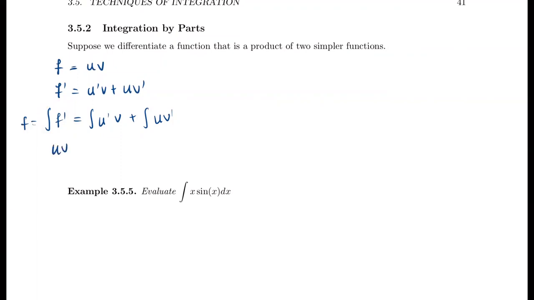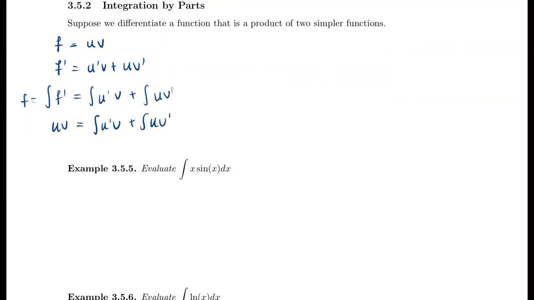So uv is equal to the integral of u prime v plus uv prime. Rearranging the equation a little, we want the integral of uv prime. This is going to be uv minus the integral of u prime v.